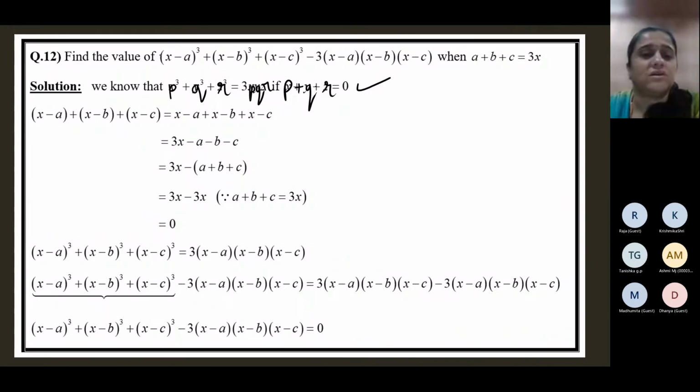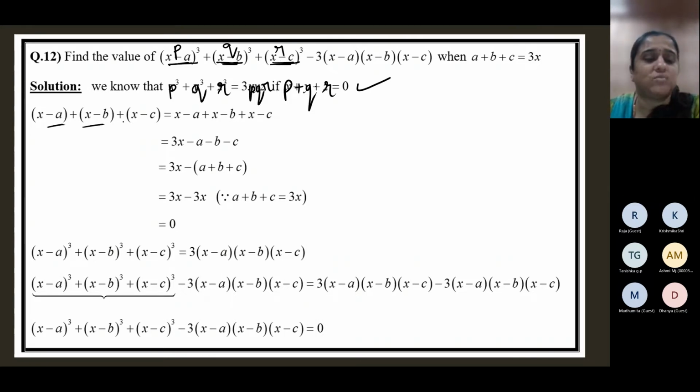Now let's find. This is our p cubed, this is our q cubed, this is our r cubed. So this is p: x minus a is p, x minus b is q, x minus c is r. So what is p plus q plus r?